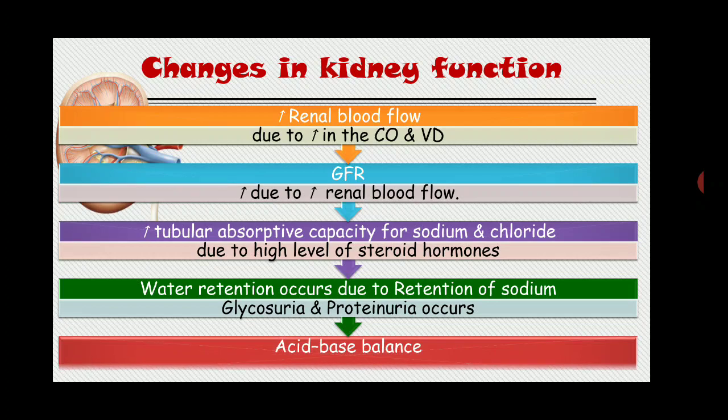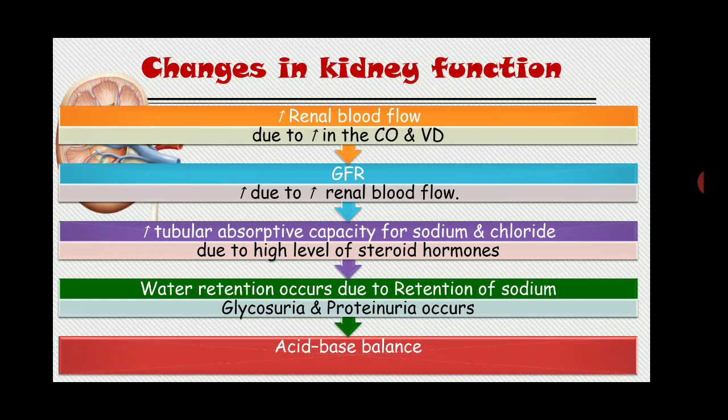Now as far as the acid base balance is concerned, I already mentioned in our respiratory system that due to progesterone there is higher sensitivity of the respiratory neuron to carbon dioxide, so it leads to hyperventilation. Due to this hyperventilation there is carbon dioxide washout. As the carbon dioxide decreases, it causes alkalosis, and this alkalosis happens due to respiration.